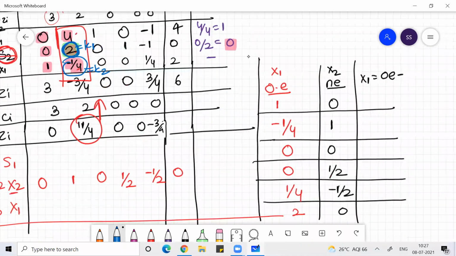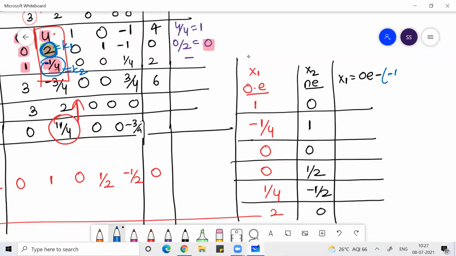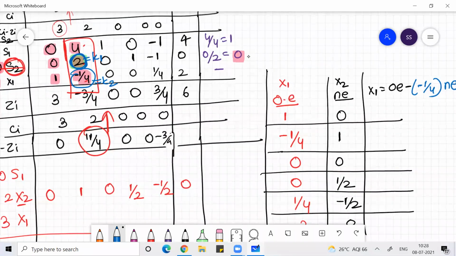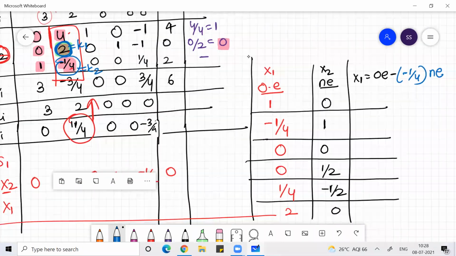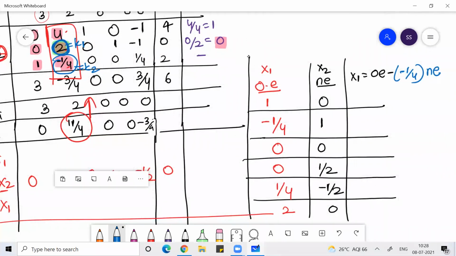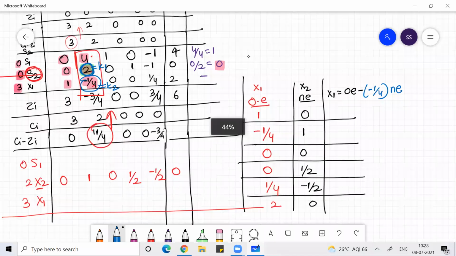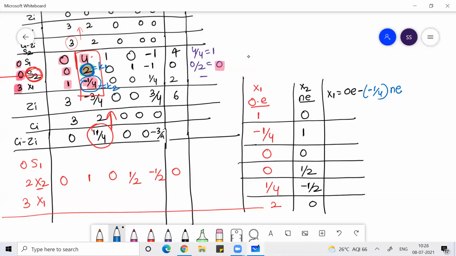So x1 is equal to old element plus 1 by 4 into new element.